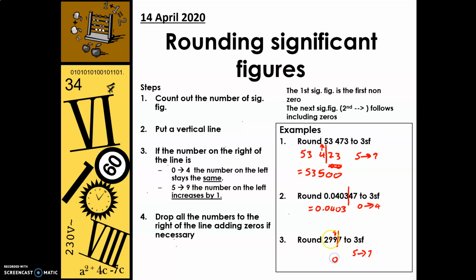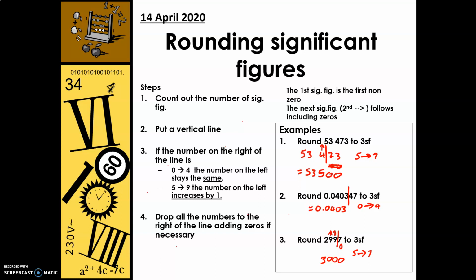Of course it's a 9, so we have to increase that one by 1, and then we increase that one by 1. Also remembering to add a 0 for the one that we've chopped off, so 3,000. And it makes sense that 2,997 is closest to 3,000.